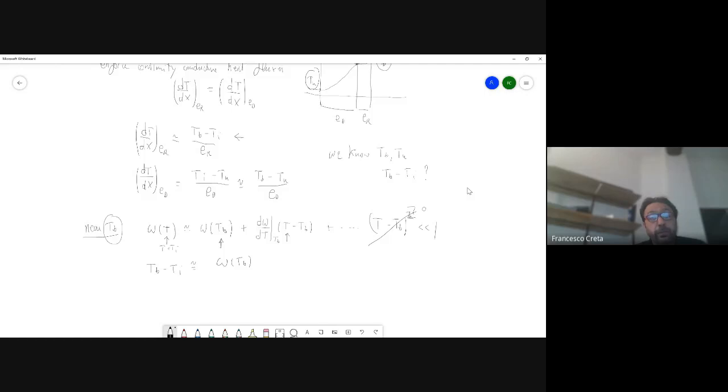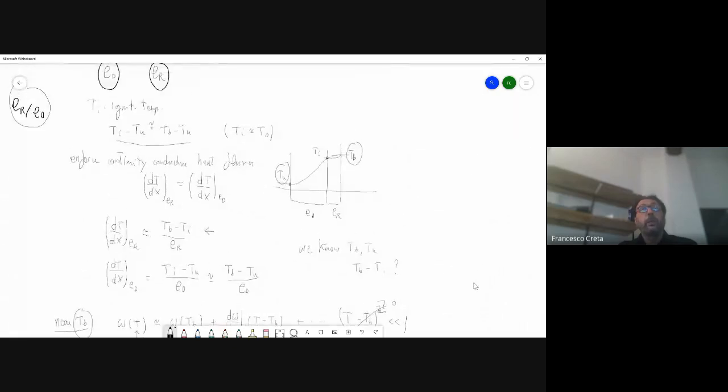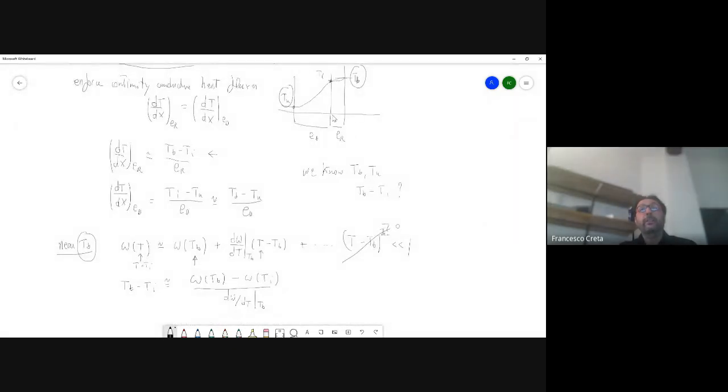the rate of reaction calculated at the maximum temperature, minus the rate of reaction at the ignition temperature, divided by the derivative d omega by dt calculated at Tb. Now there's another approximation that I can make, because remember, and this is quite crucial, that the reaction rate starts at the ignition temperature and finishes at the adiabatic flame temperature.